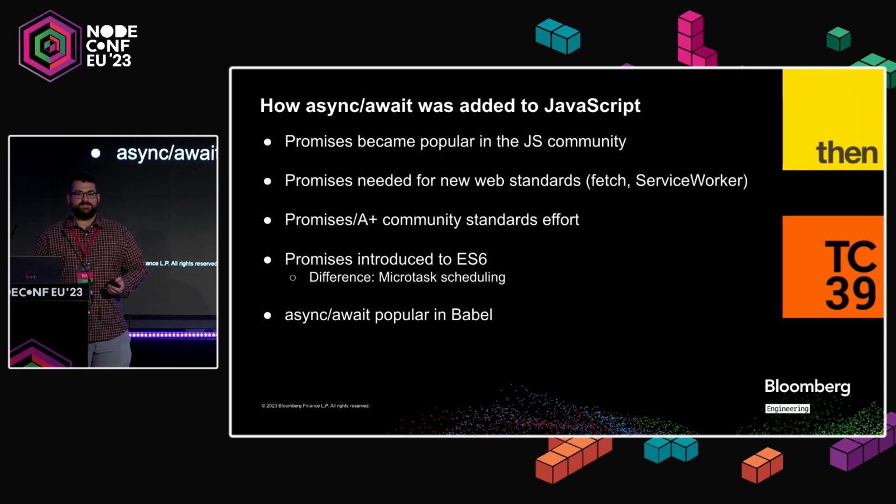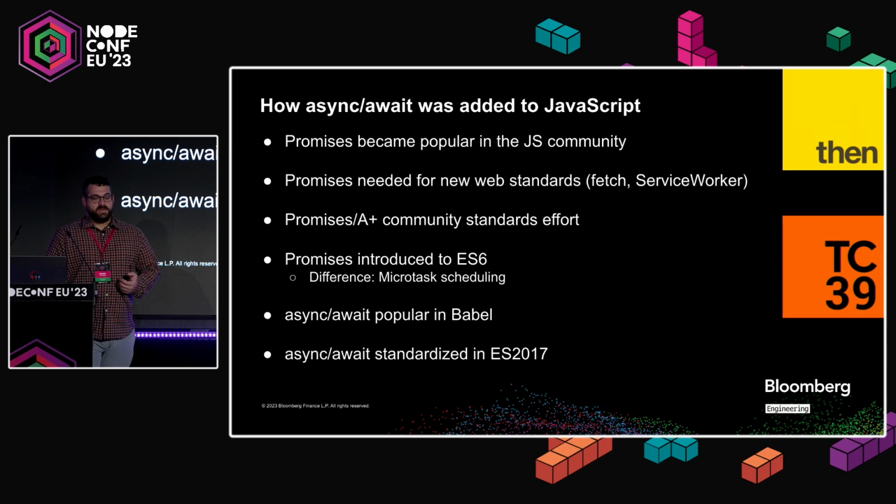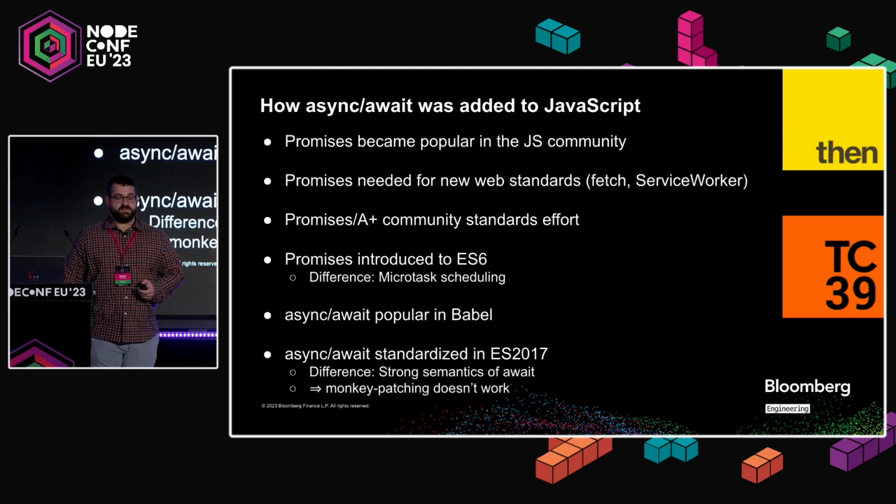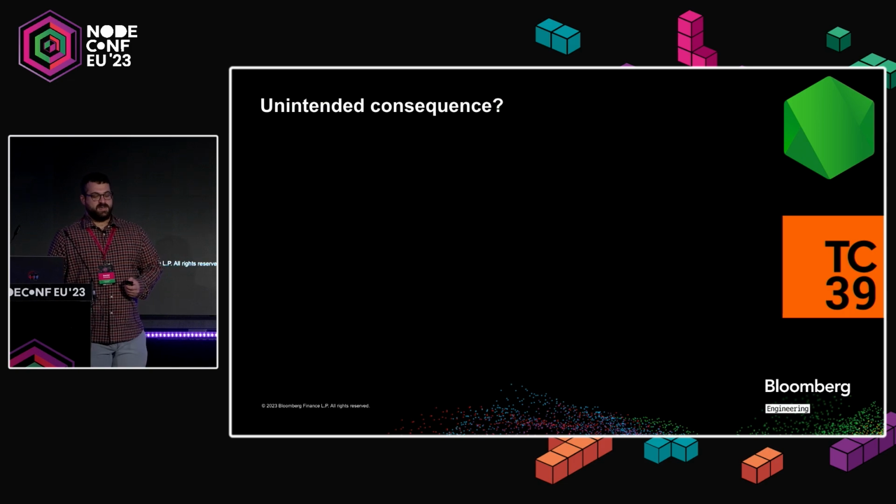Async await became popular in Babel. It didn't make it into ES6 because there were still some debates ongoing. But in 2017, it was standardized. And there was this difference about the strong semantics of await, making monkey patching not work.